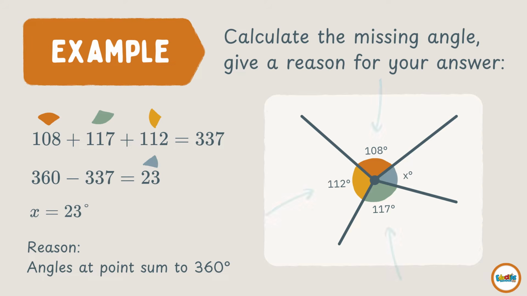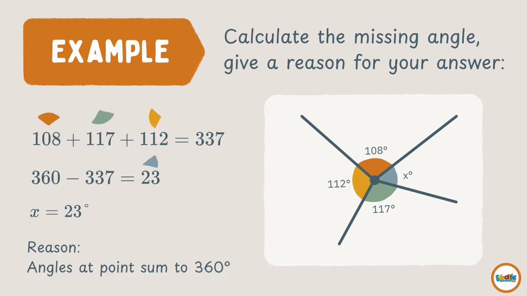we've been given three angles. The darker orange angle is 108 degrees, the green angle is 117 degrees, and the lighter orange angle is 112 degrees. So how many degrees do I already know I have altogether? Well, if I add them together, I get 337 degrees. Now I know in a full turn there should be 360 degrees.